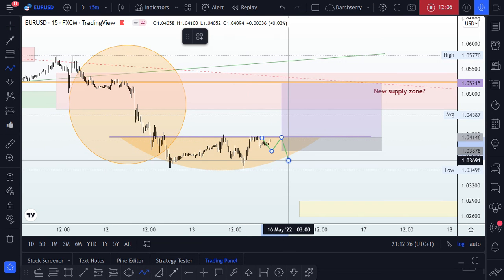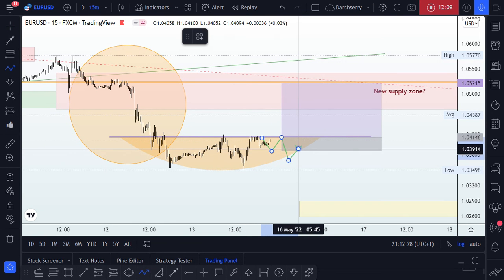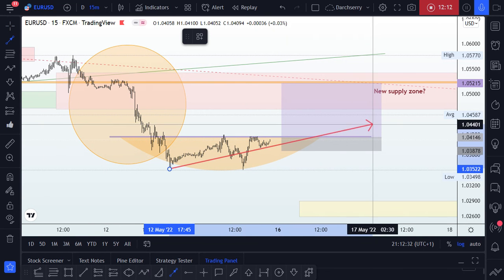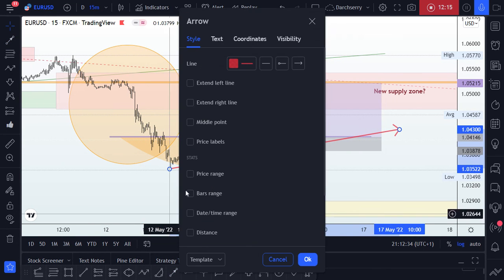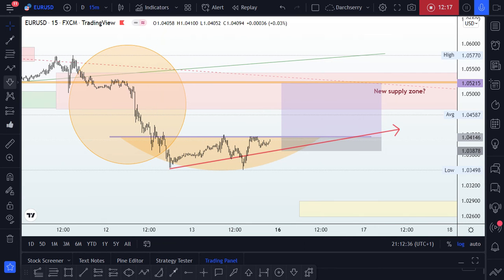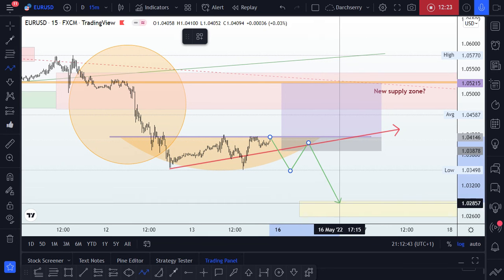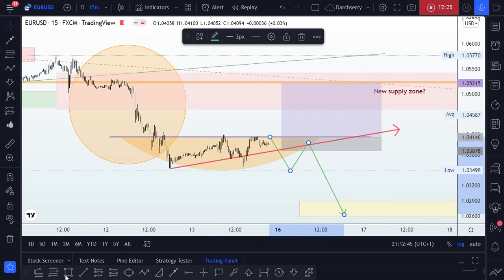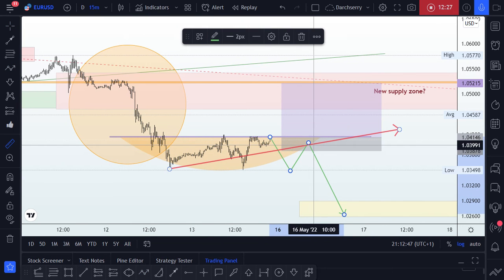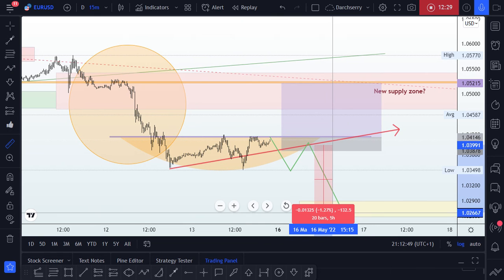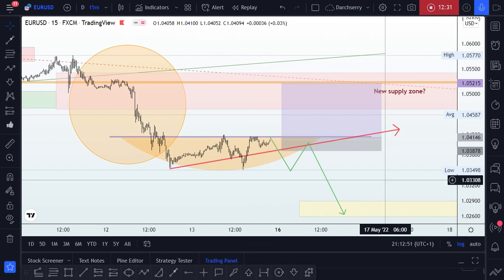If we see something that supports a trend continuation to the downside, that is, if we have a breakdown of this trend line and a breakdown retest of this trend line here on the 15 minutes time frame, something like this, then we might be looking to take a sell opportunity with a take profit target around here, which will definitely give us around 140, 120 pips thereabout.